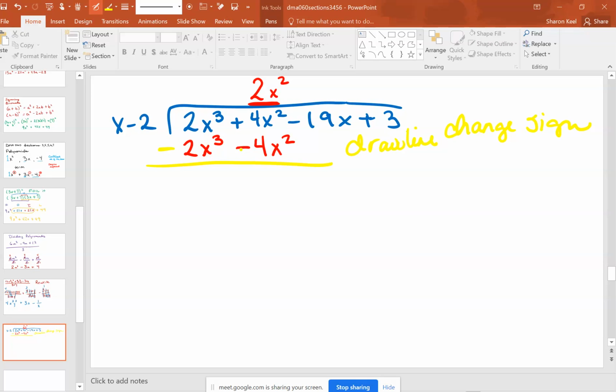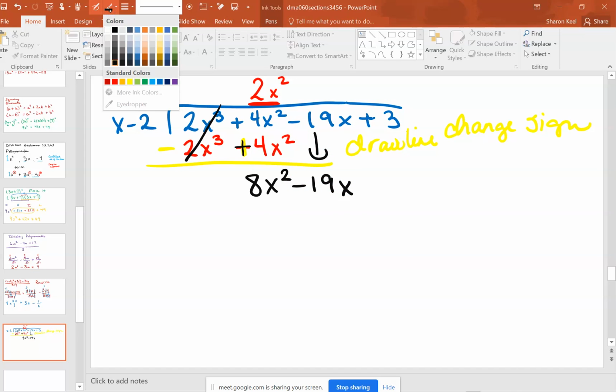If I subtract a negative, it's going to become a positive. So that becomes a plus. So 2x cubed minus 2x cubed, that cancels. That was our objective. Here, that was a plus. 4 plus 4 is 8x squared. Bring down the next term.